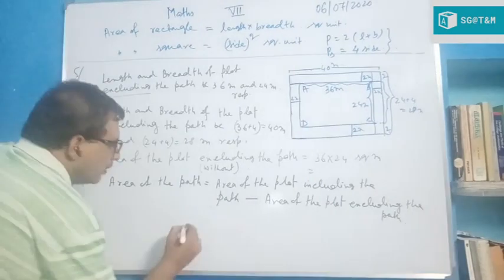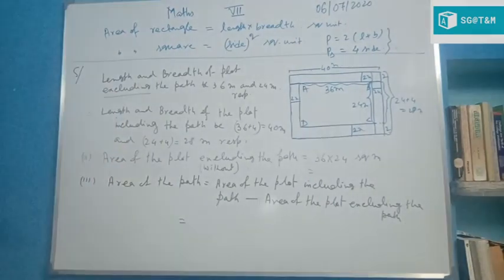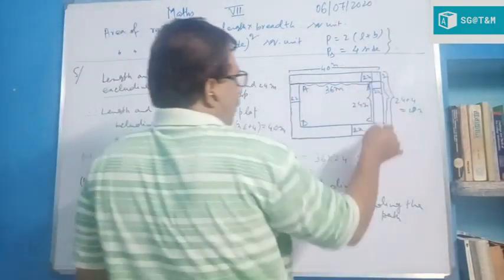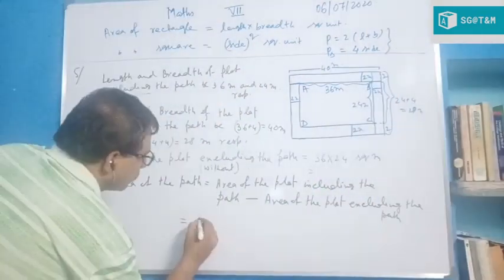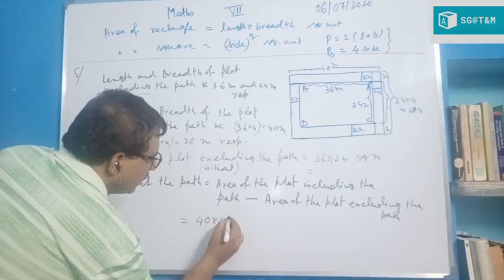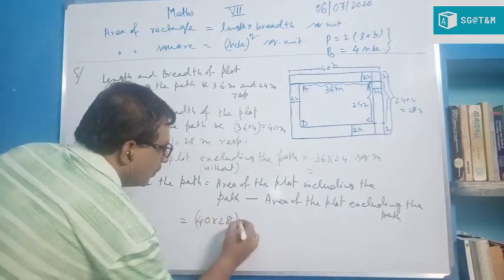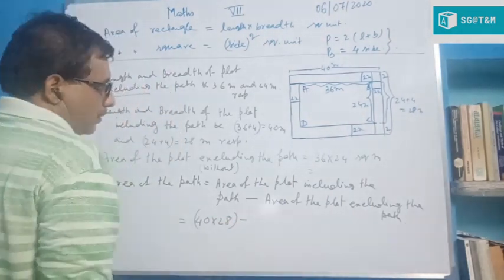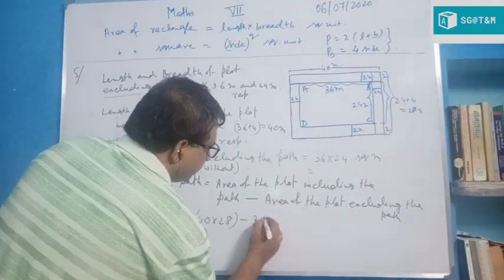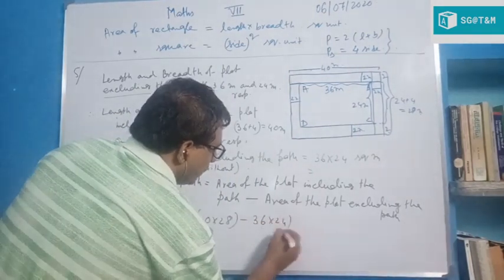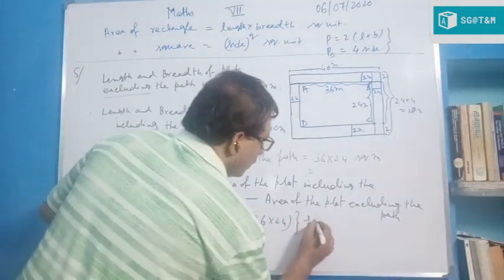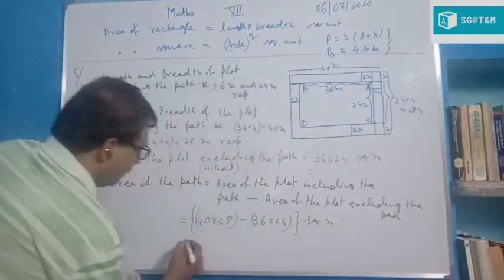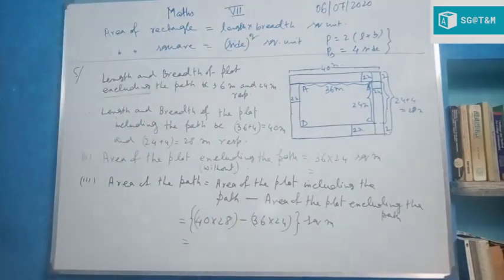So the area including the path is nothing but another rectangle of length 40 and breadth 28 meter. So 40 into 28 square meter minus 36 into 24 square meter. After simplifying, we get the result.